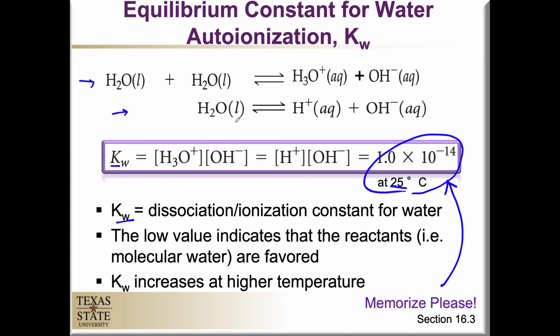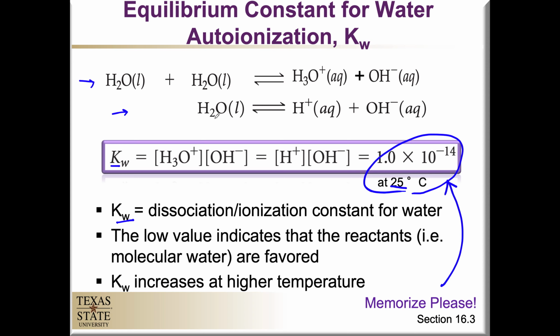Now notice that that Kw is very, very small, 10 to the minus 14. That low value indicates that the reactants are favored, right? Most of the molecules are going to stay in the neutral, molecular form of water, because as we mentioned before, water would rather stay in the neutral form as opposed to being in the hydronium ion form or in the hydroxide ion form.